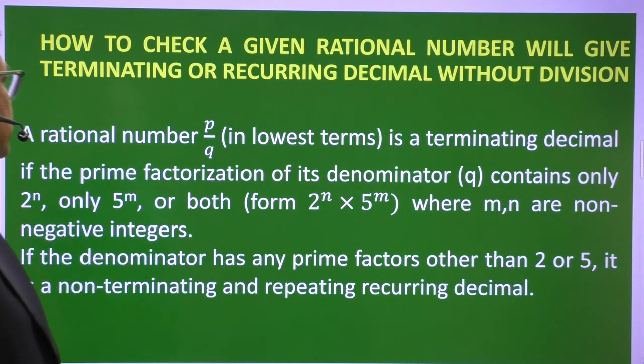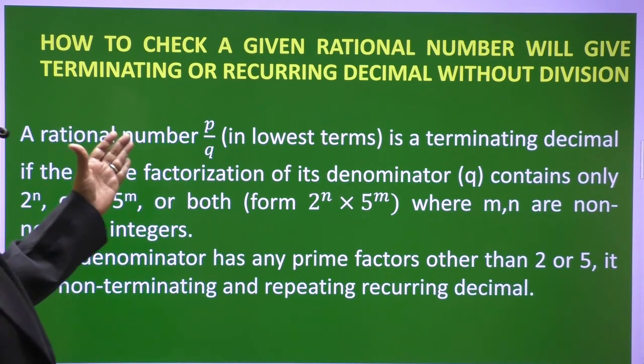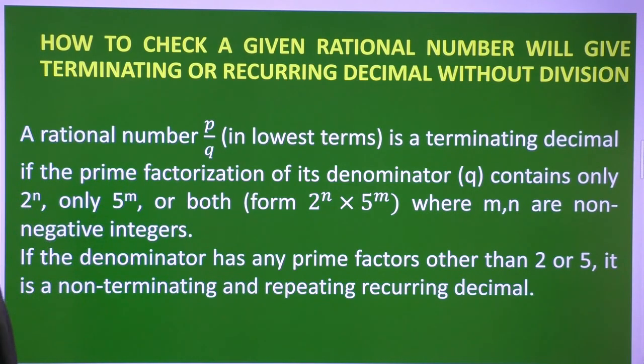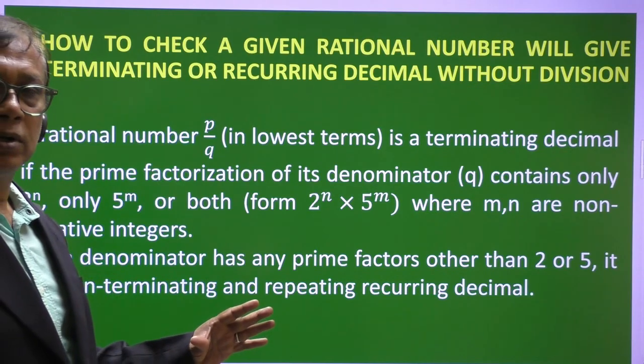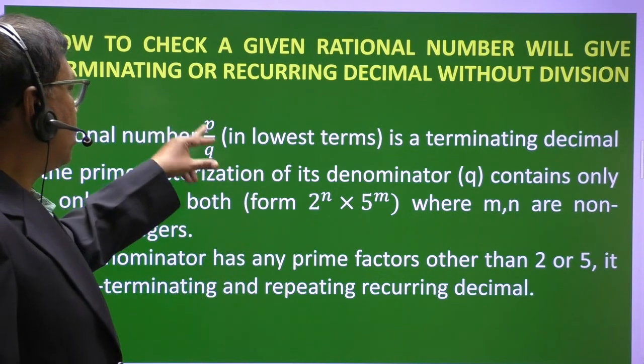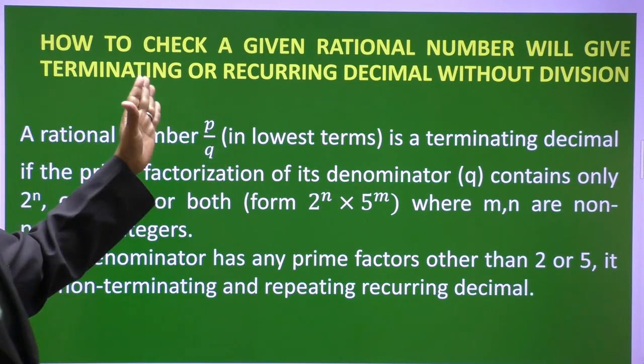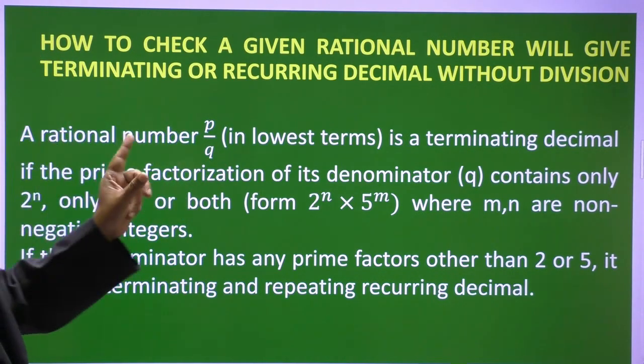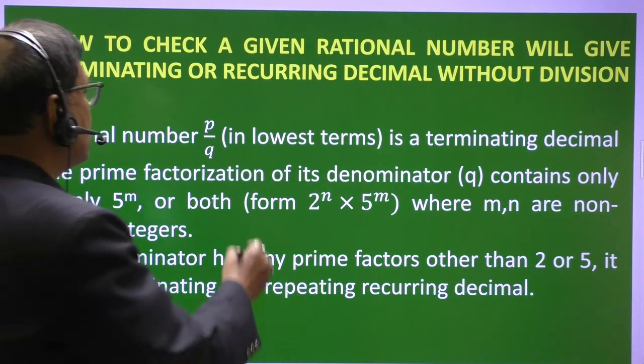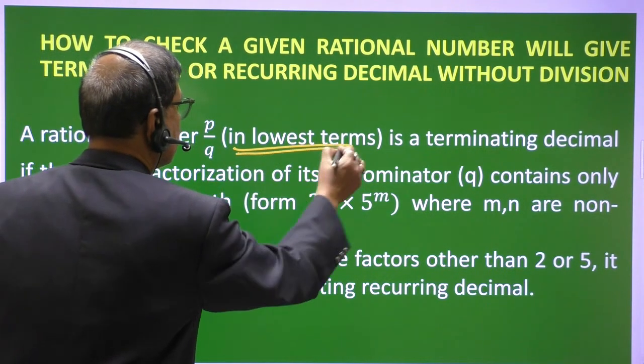The rule is, first we have to check the denominator of the rational number. But before that, we have to check that the given rational number, which is given in the p by q form, should be in the lowest form. So this part is important.